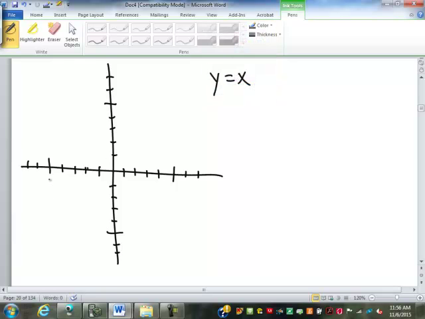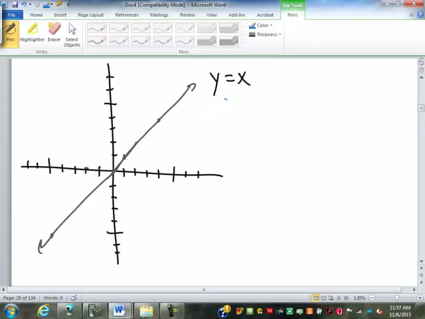If x is -5, y is -5. If x is 1, y is 1. If x is 4, y is 4. It gives us a line that goes through the origin, through the center of the graph here, and corner to corner at a 45-degree angle. That is the simplest linear equation we could have.